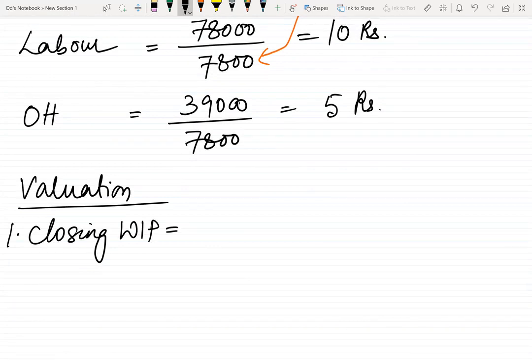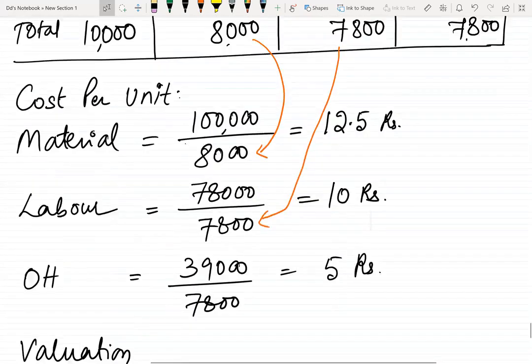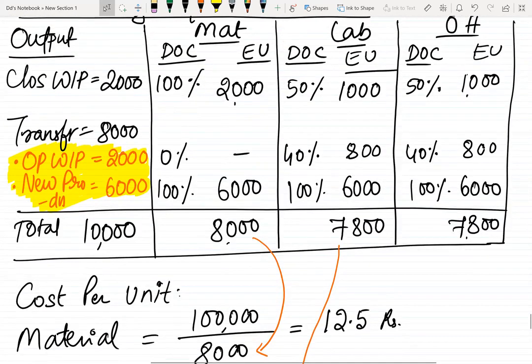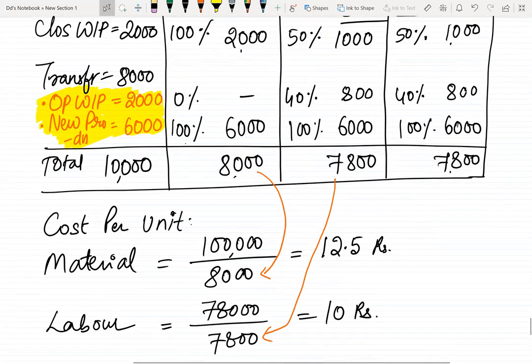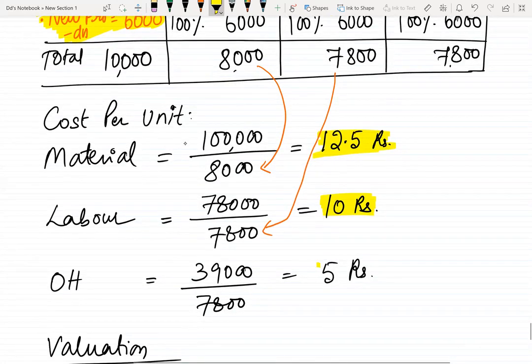We have done two problems like this. Can I remember this step 3 valuation statement as step 1 into step 2? Why I am saying so is, see now, how are we going to get these numbers? I'm highlighting in yellow, please follow. You will take 2000 into 12.5, correct sir, plus 1000 into 10, plus again this 1000 into this 5. That means step 3 is equal to step 1 into step 2. Easy way to remember.